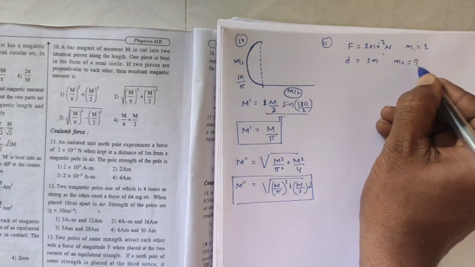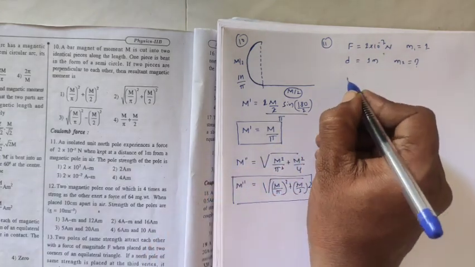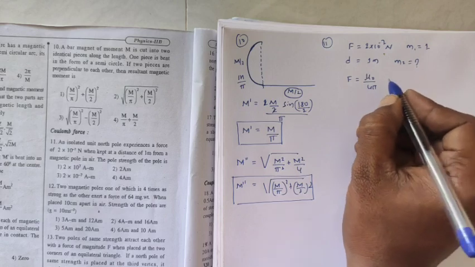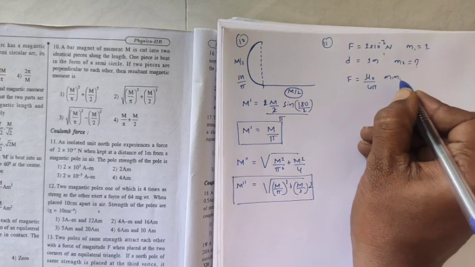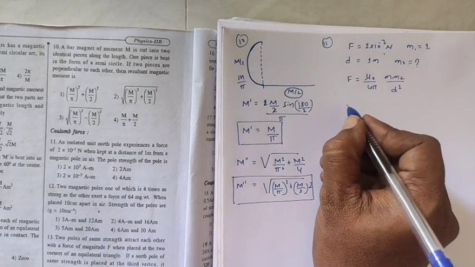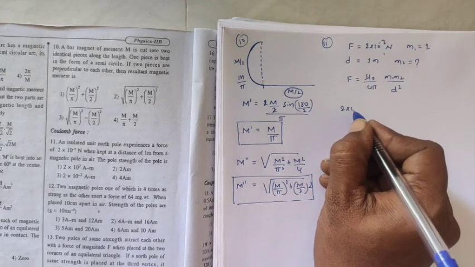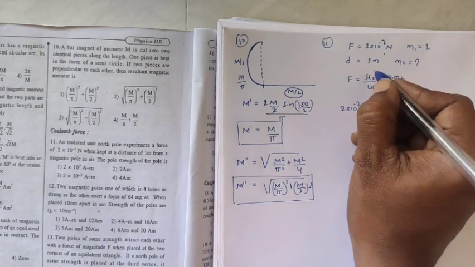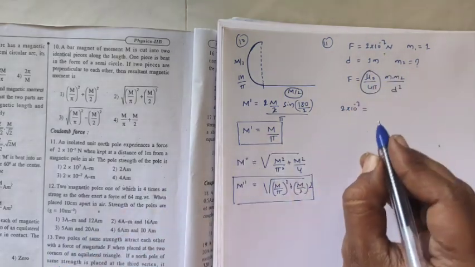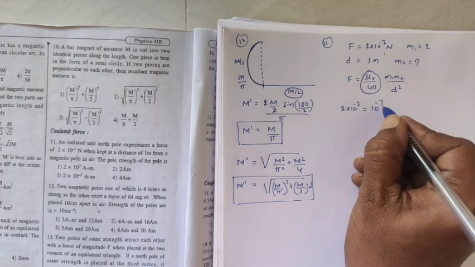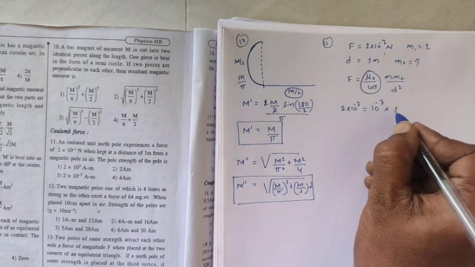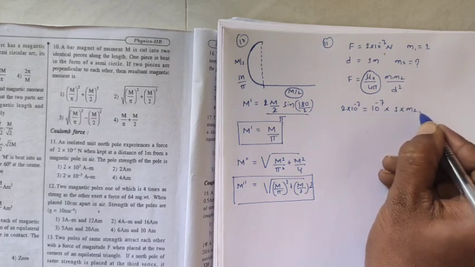The m2 value I need to find out here. What is the connecting formula? F is equal to mu naught by 4 pi m1 into m2 divided by d square. The force value is 2 into 10 to the power of minus 7. What is the value of mu naught by 4 pi? From moving charges and magnetism we know that this is equal to 10 to the power of minus 7. m1 is equal to 1, m2 I need to find out.